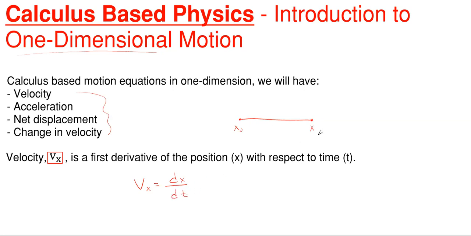Now, your position x will be an equation that has t in it, like t cubed minus 9t or something like that. It will always be an equation based upon time because you are moving in position relative to how much time you're spending in that position. So the velocity equation v sub x will just be the first derivative of the x equation with respect to time t.